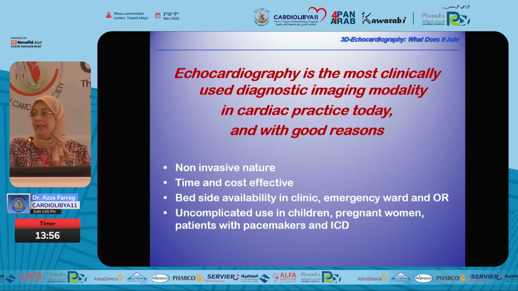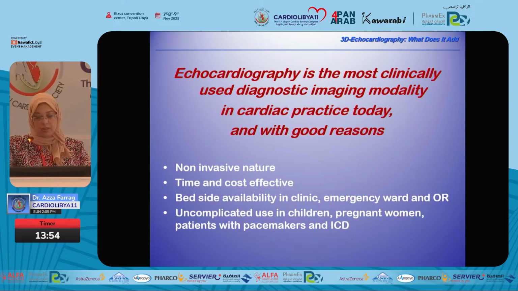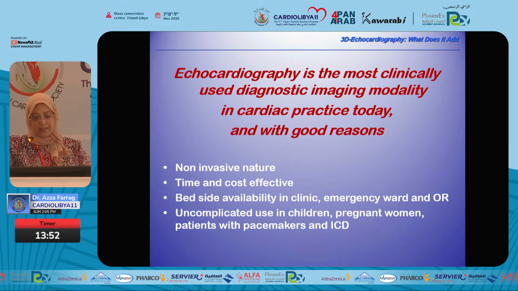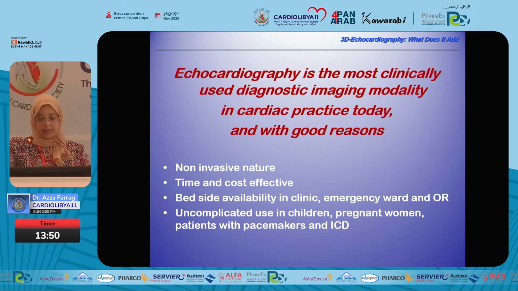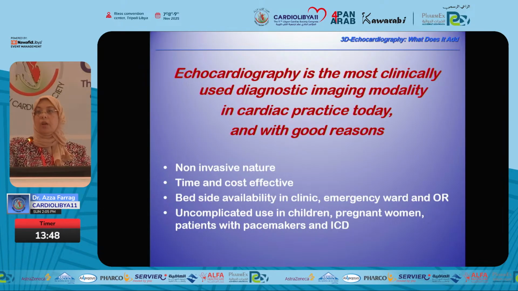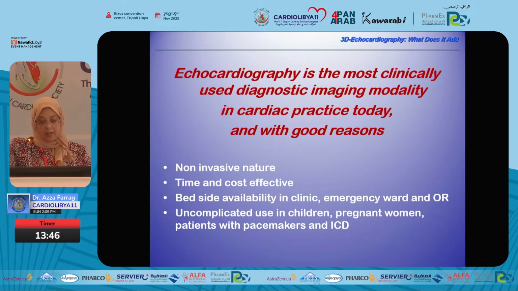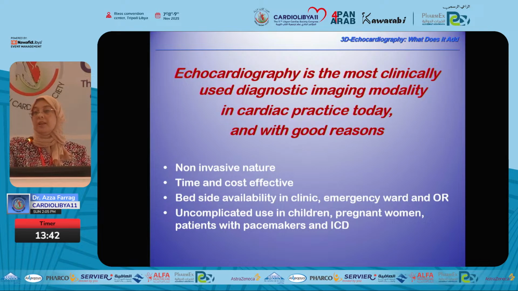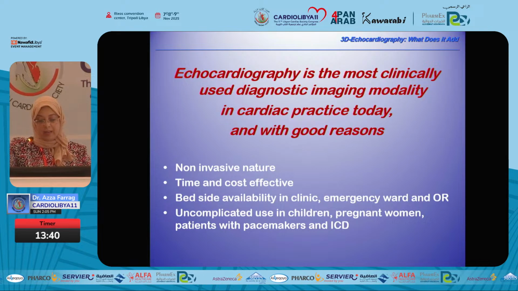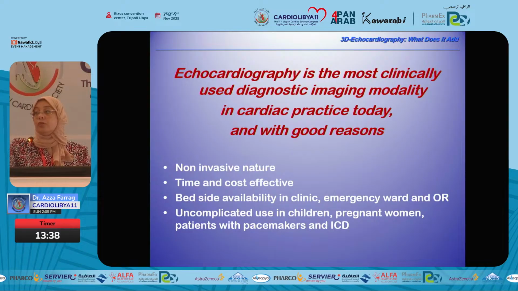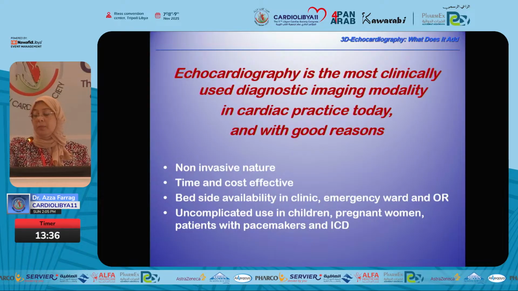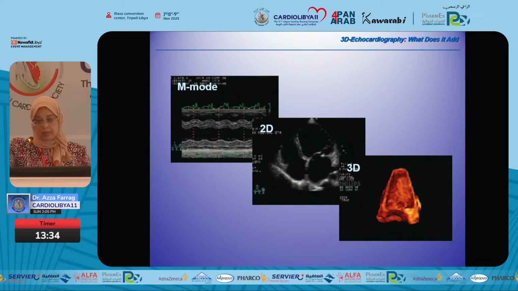Being non-invasive in nature, time and cost effective, and available at the bedside in the clinic, in the emergency ward, or in the operating theater, with uncomplicated use in children, pregnant women, or patients with pacemakers and cardioverter defibrillators, they can be managed and diagnosed safely with echo.